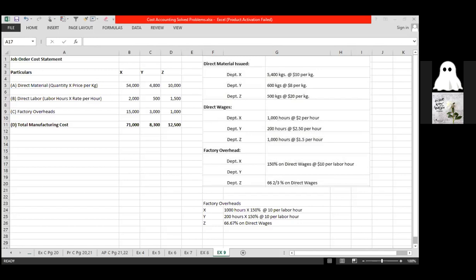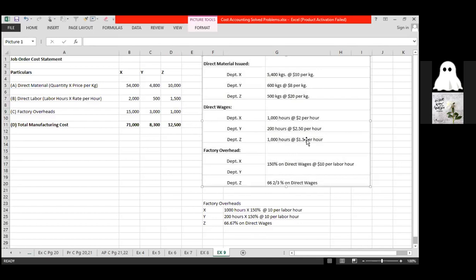Okay, so a question about Department Z. It says the factory overhead for Department Z is 66 and 2/3% on the direct wages. So we have direct wages here, 1,000, and 66.67%.